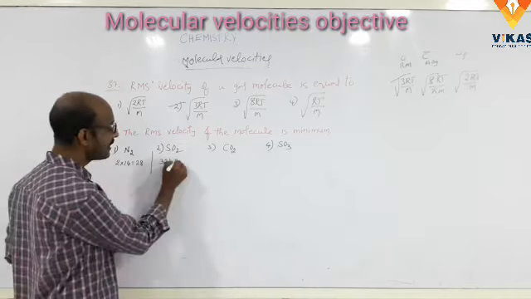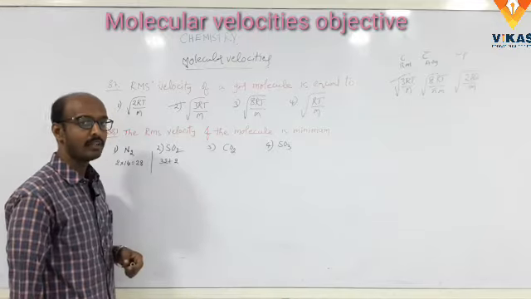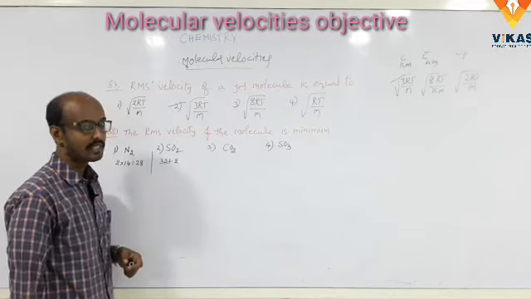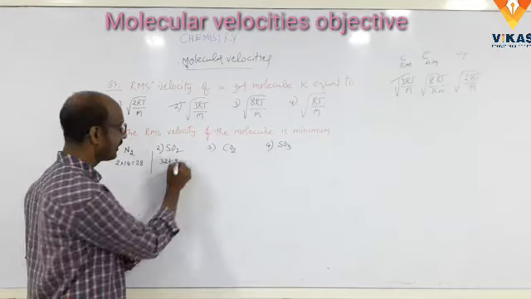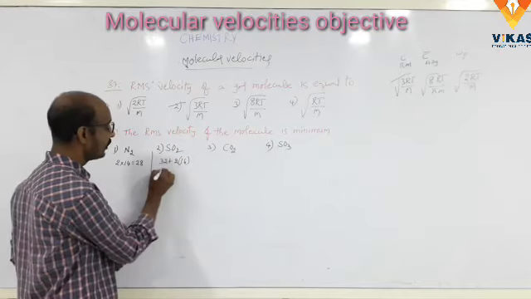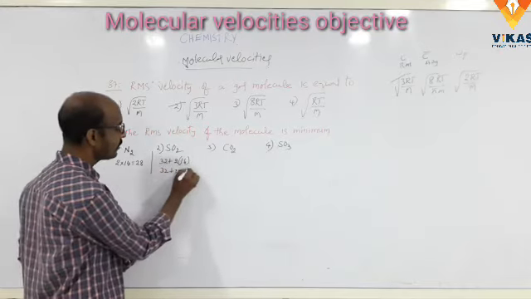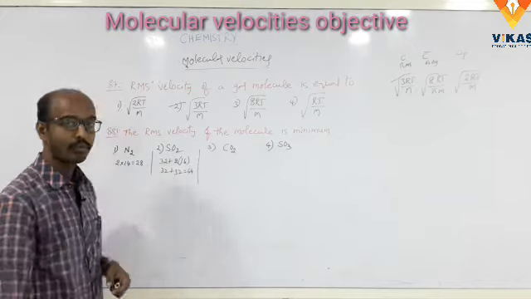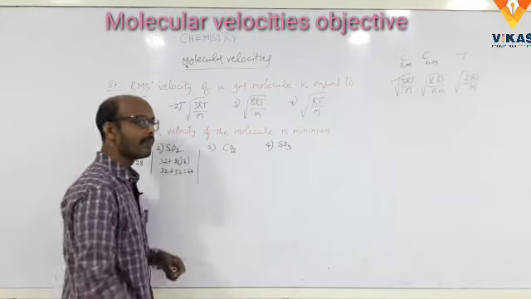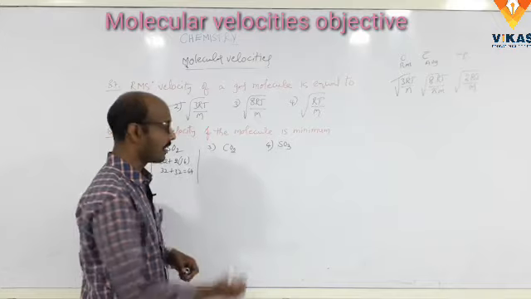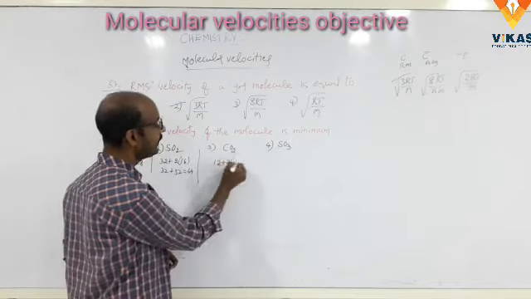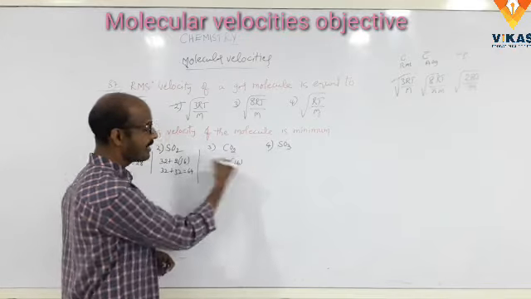There are 2 oxygens, each oxygen with atomic number 8 and atomic weight 16, so 2 into 16 is 32. So 32 plus 32 equals 64. And third one, carbon, atomic number 6 and atomic weight 12, plus 2 oxygens, each oxygen with atomic weight 16.